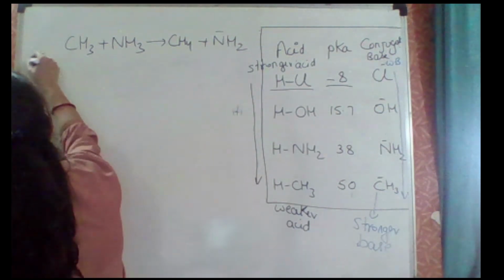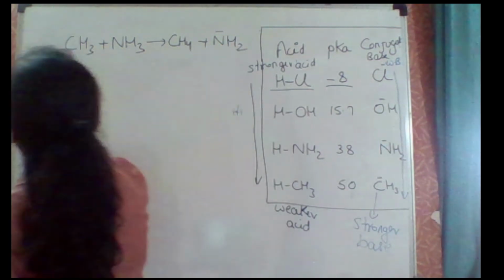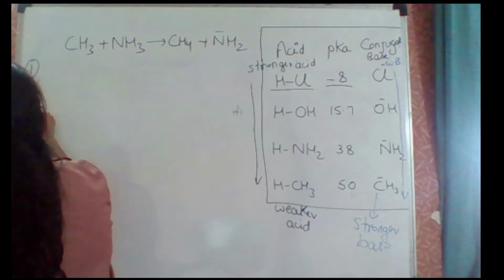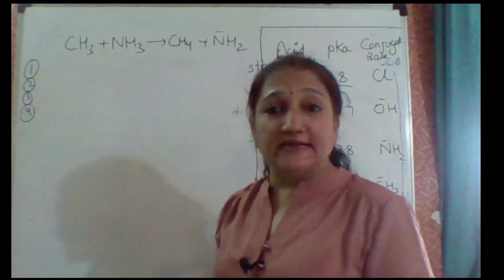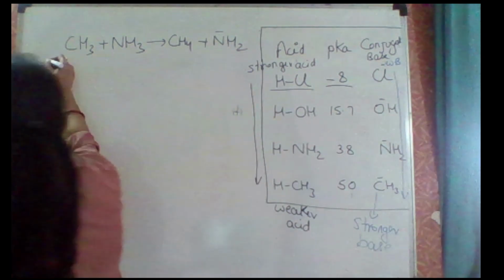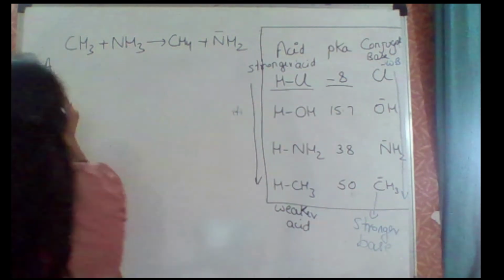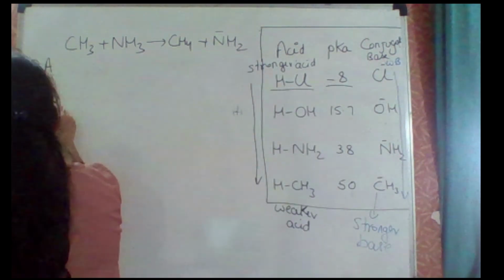Now the first step is to identify which is our acid and base, and which is our conjugate acid and conjugate base. I am abbreviating acid by A, base by B, conjugate base by CB, and conjugate acid by CA.